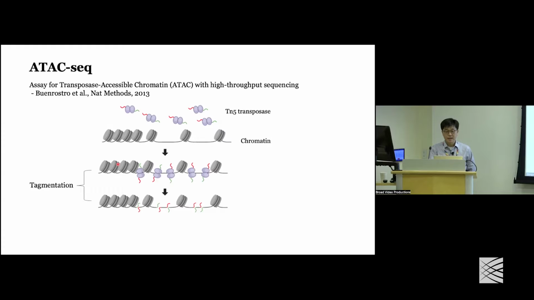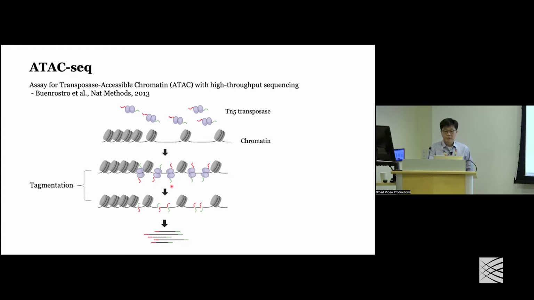And importantly, this reaction is mostly restricted to the open chromatin regions shown here, because the transposase cannot go easily into the closed chromatin. As a result, most of the DNA fragments generated by this process are from accessible chromatin.